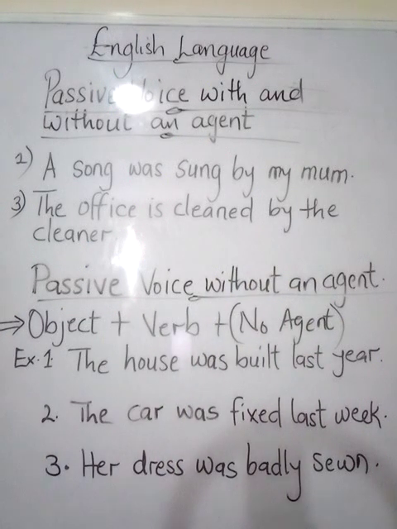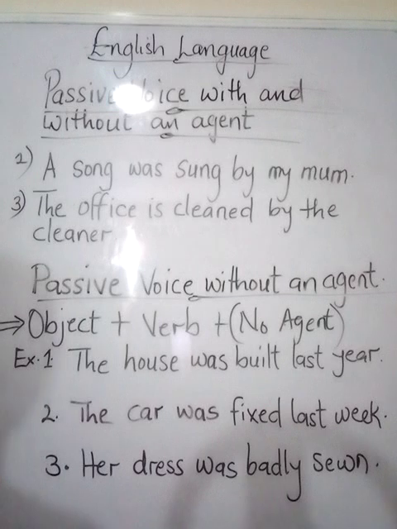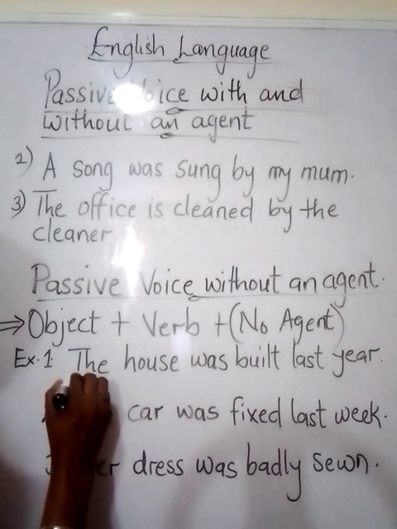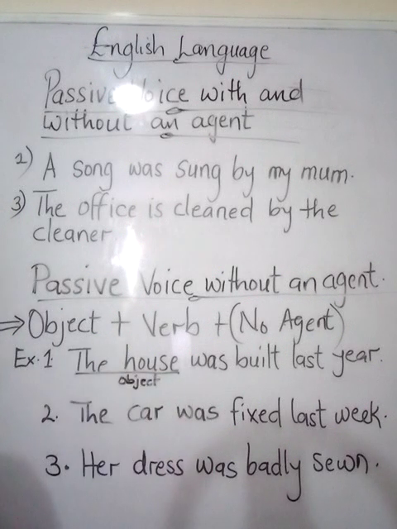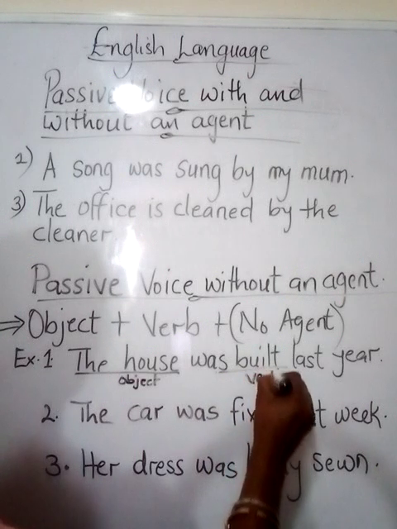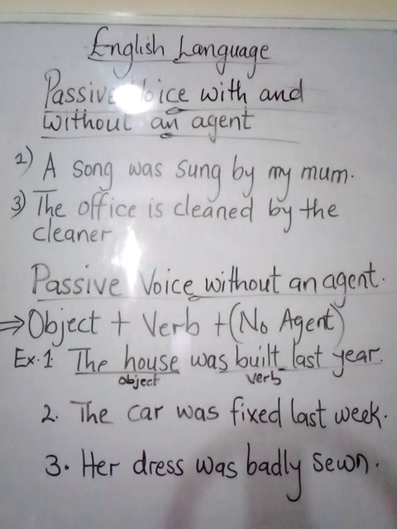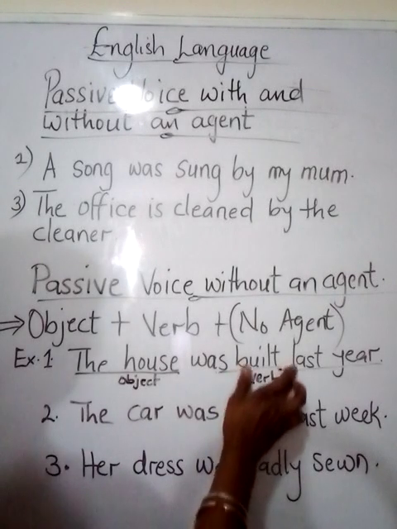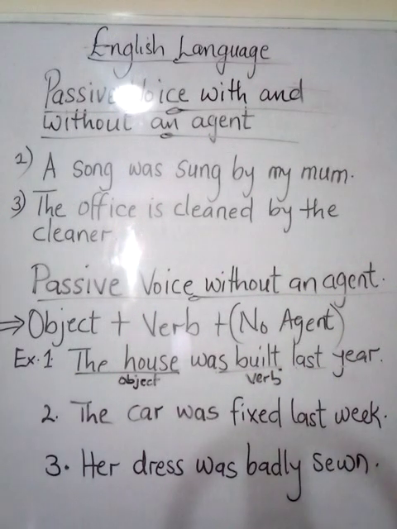Okay, so the first example that we have here is, the house was built last year. Remember, the house is the object. Was built is the verb. And the rest, last year, is the predicate, really. So the main thing stressed here is the house was built last year.